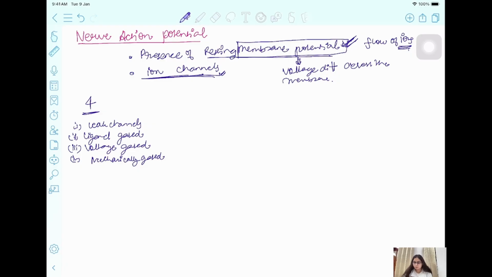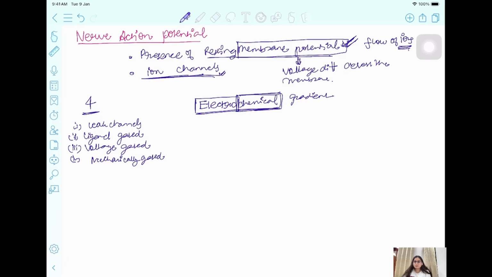Now, what is the function of ion channels? Ion channels help the ions move across the plasma membrane down their electrochemical gradient. Now, if you see the term electrochemical, you can see there are two parts, electro and chemical.